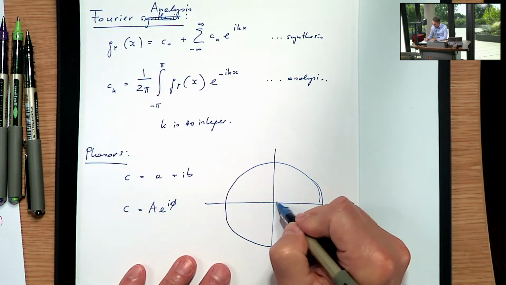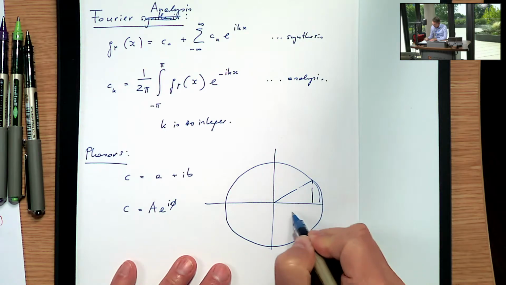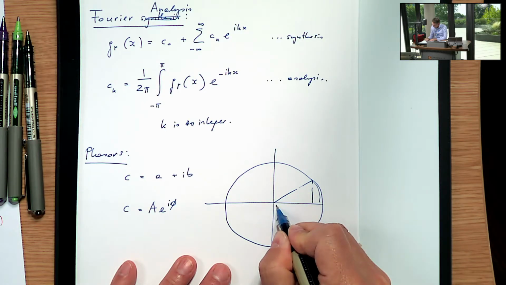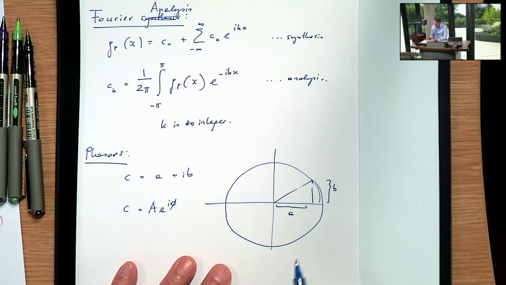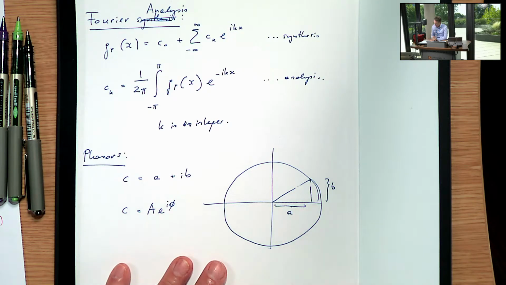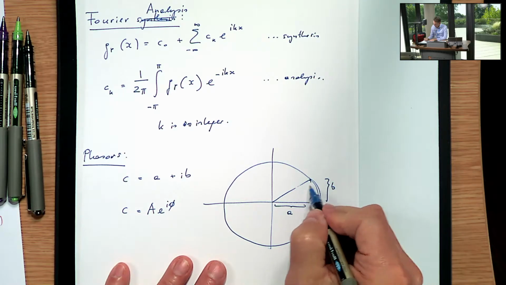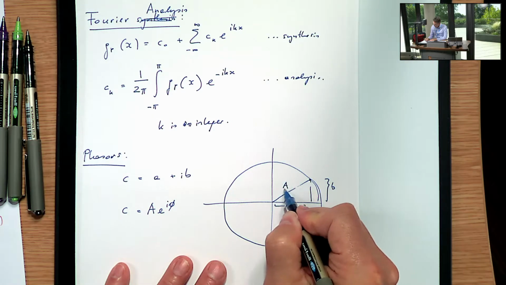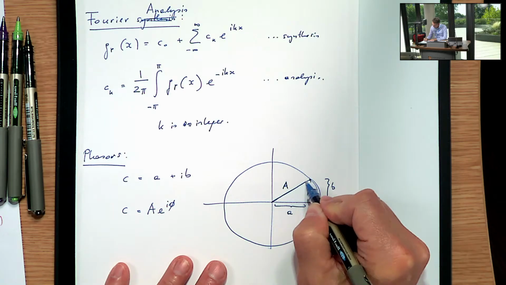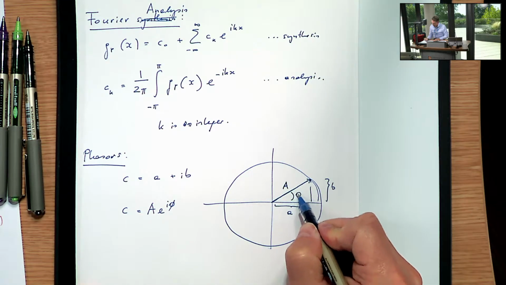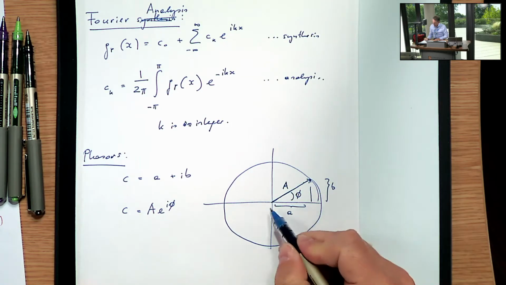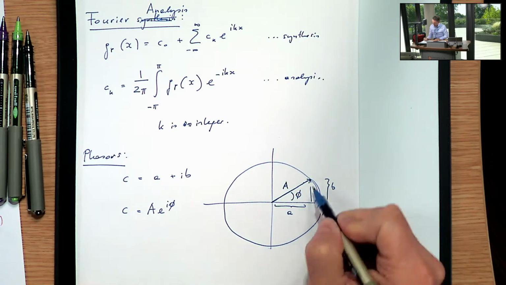So for this A plus iB, the real part is A, the complex part is B, and this could be represented by a vector with a phase phi and a length a, where that's just given by the square root of a squared plus b squared.